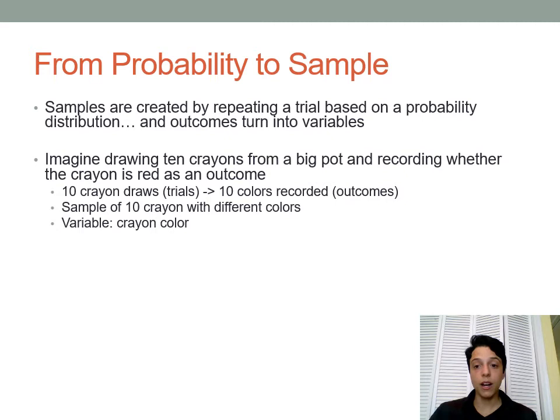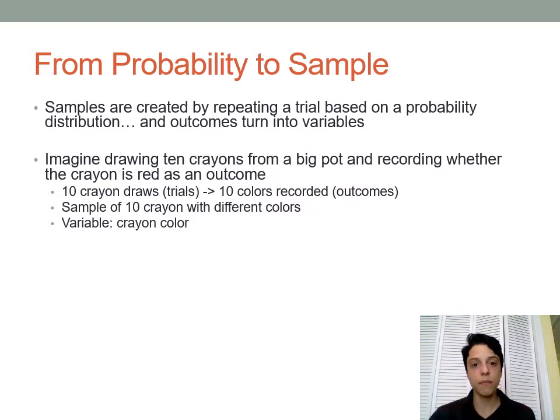And because you now have a sample of 10 crayons that have different colors, you can think of the color as a variable. So it's some characteristic that differs across those 10 crayons that you drew. So in this way, samples are based on probability.